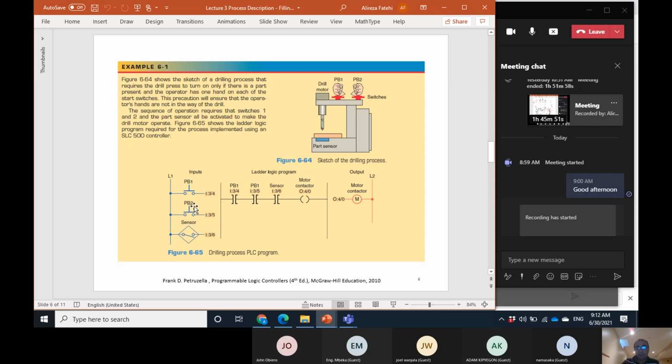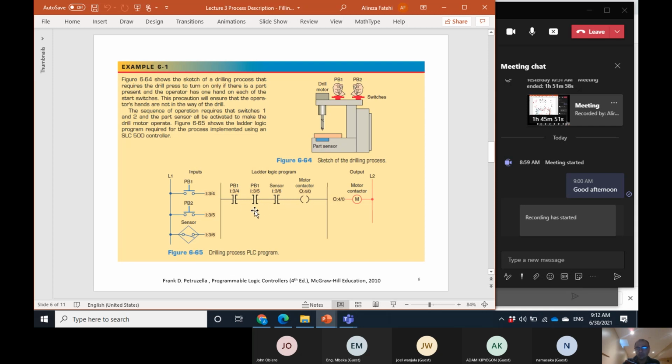Then, considering the process requirement, or let's say control requirement, and the type of the switches, build a draft program according to the process description, and using that, analyzing different scenarios, decide on the details of the program.